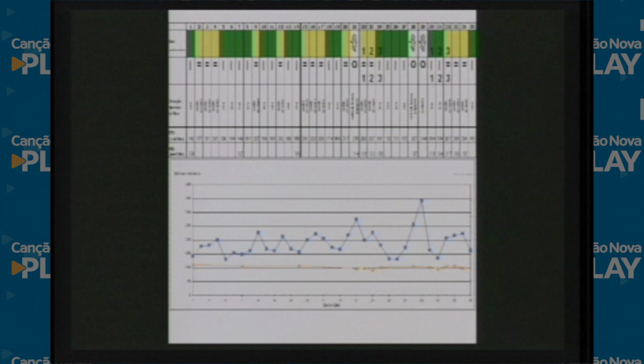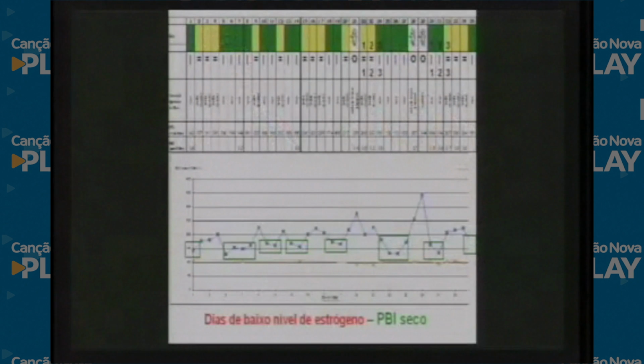Take a look at the blue line, which is estrogen, and the orange line, which is progesterone. When we have a look at the low level of estrogens, we can see that every time they were low, she said, I feel dry.